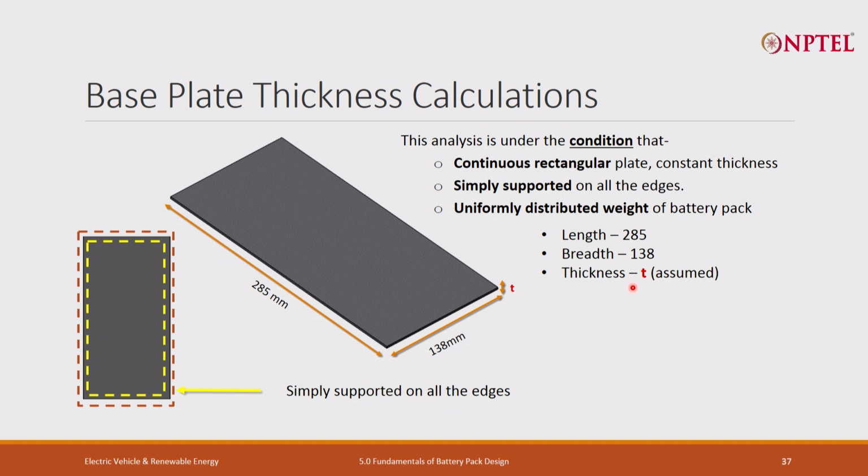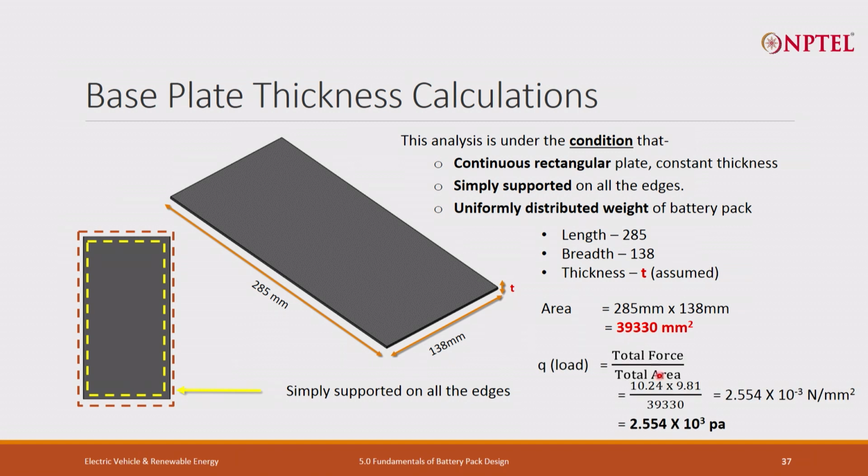How do we find out the thickness? The area of the total surface is 39,330 mm square. So what is the load? It's the total force divided by the total area, and that comes to 2.554 into 10 to the power 3 Pascal or Newton per mm square.